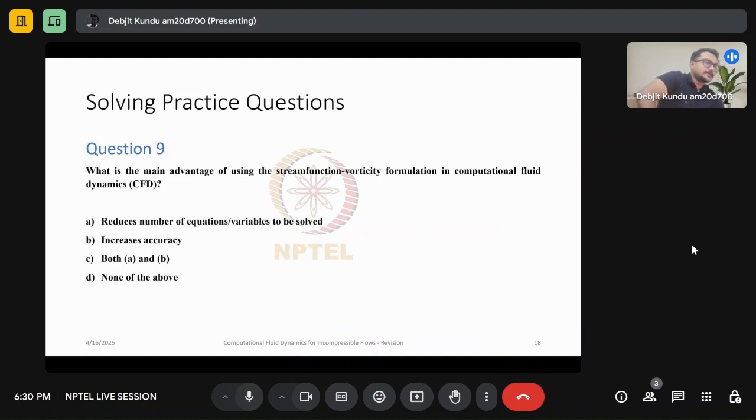Let's take a look at the solution. It's actually option C, both A and B. So what happens is, let's say in a 2D case where you have u, v, and p to be solved using three equations, you transform it to just psi and omega, which are governed by two equations.